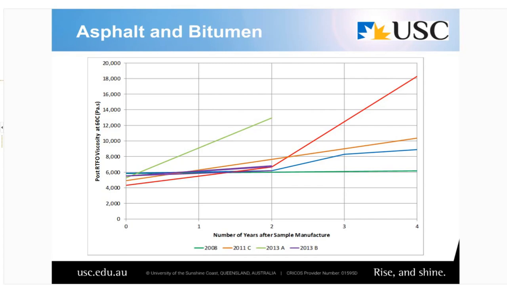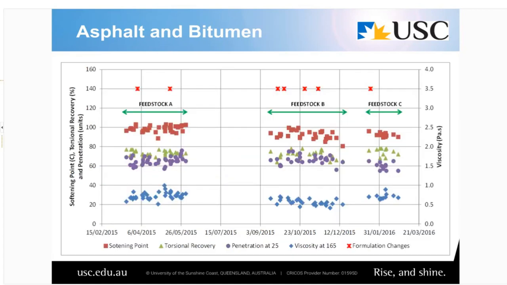And this isn't out on the runway where it's exposed to heat and oxygen and the sun and all those things. This is inside a sealed steel tin, inside a cupboard in a laboratory. All those lines should be flat. So that's just an example of how what should be a constant material can jump around a bit.